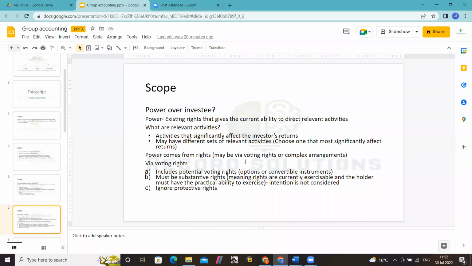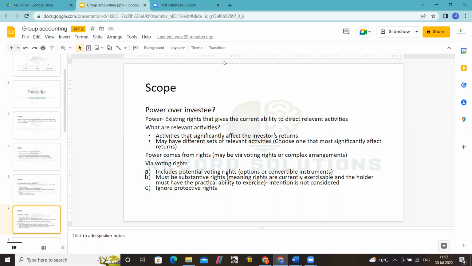And if they are complex arrangement, there are rules. Firstly, if it is voting rights, so you know these relevant activities are via voting rights, then it's easy. All you have to ascertain is whether you get a percentage higher than 50%, whether it has control. So number one, firstly, voting rights, if it has potential voting rights.